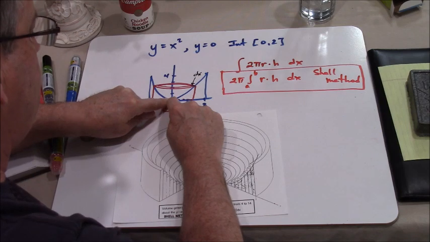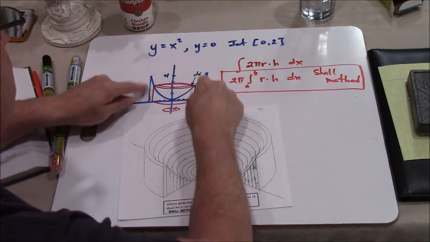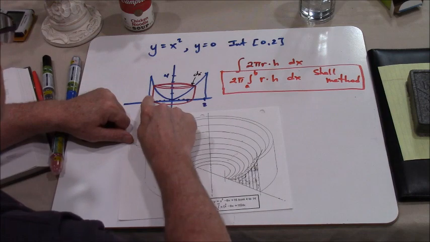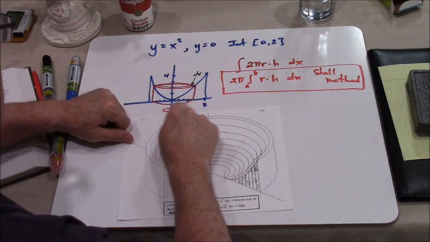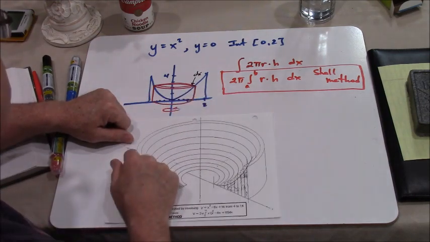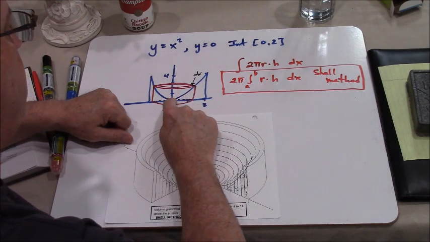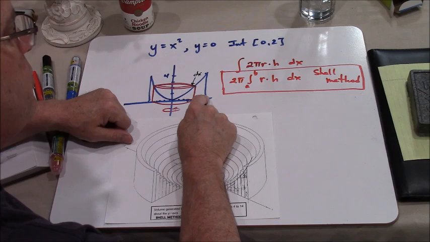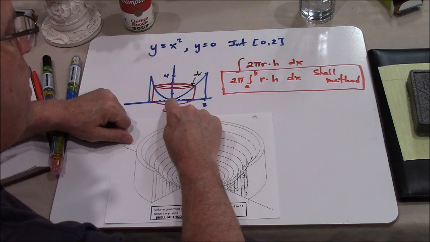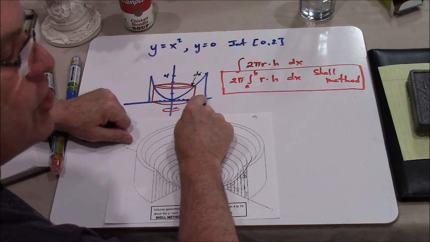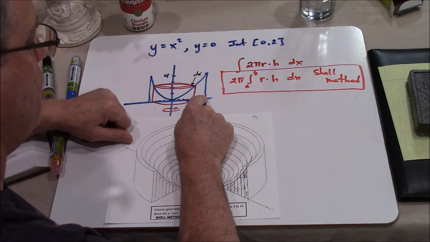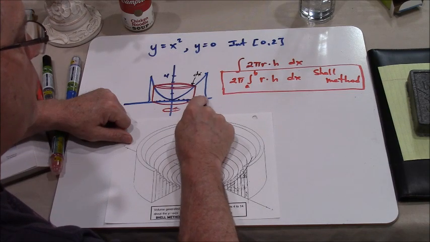And your largest shell is going to be out here towards the outer edges. It'll go like this, kind of wrap around, and then do this again. So when you look at that, you want to say that the shells go from 0 to 2. Where's the smallest one at? And where's the edge of the shell for the largest one? Smallest one's at 0, largest one's at 2.